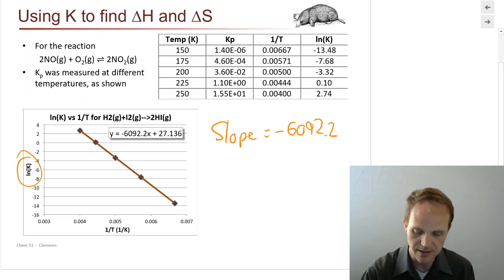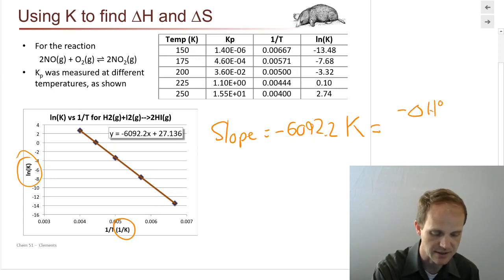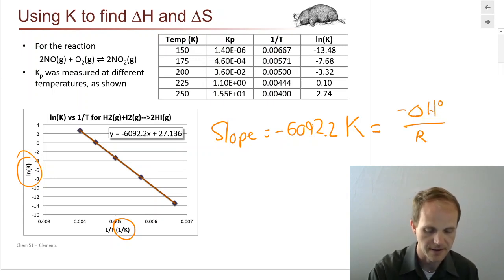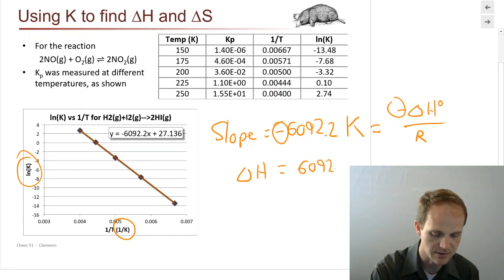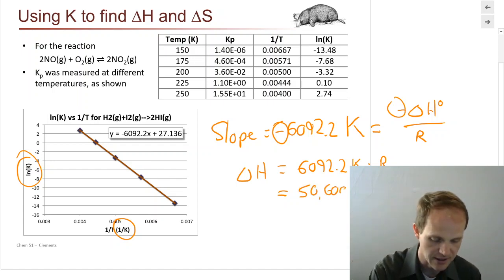What are the units? Natural log of K has no units, and 1 over Kelvin means the slope is in Kelvin. That's going to be minus delta H naught over R. If we want to find delta H, my negative signs cancel, and it's just 6092.2 K times R, which is 8.314 joules per Kelvin mole.